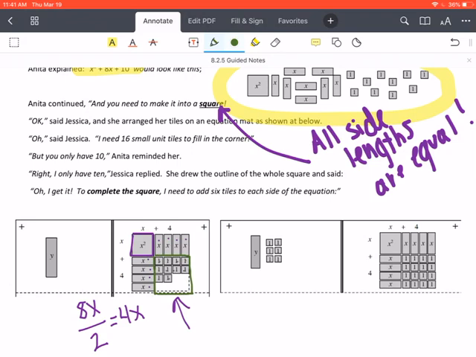But how do we know how many tiles she needs to fill in that hole? Well, we can see that this hole is a 4 by 4 hole, meaning that when you take 4 times 4, we need a total of 16 units to fill that green area.